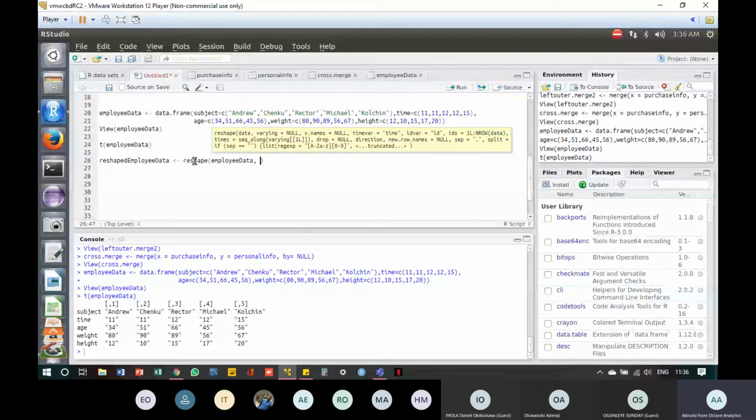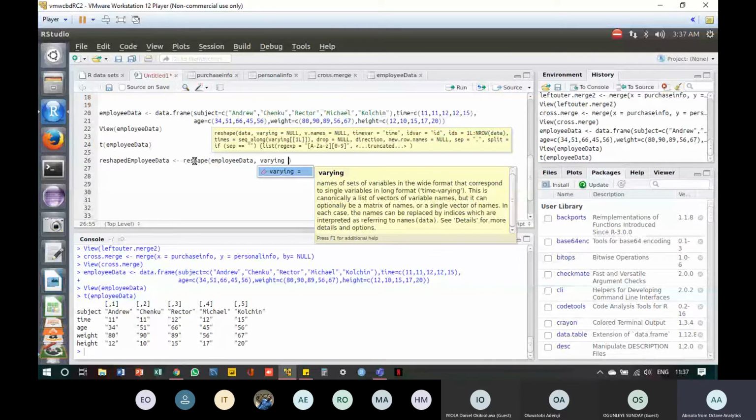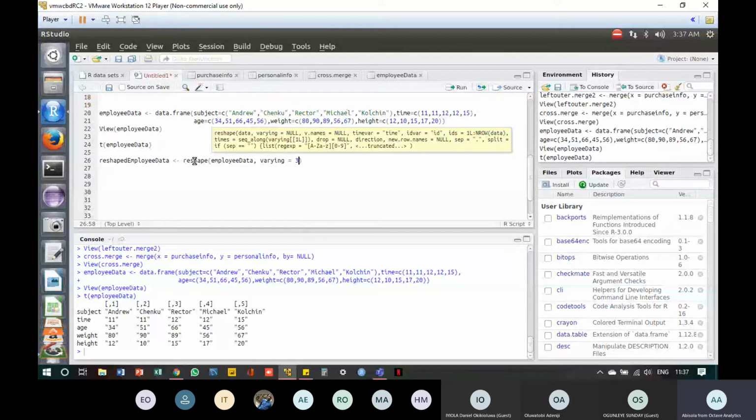Okay, varying. I'll explain the command. Varying 3 to 5. V dot names equal to measurements.